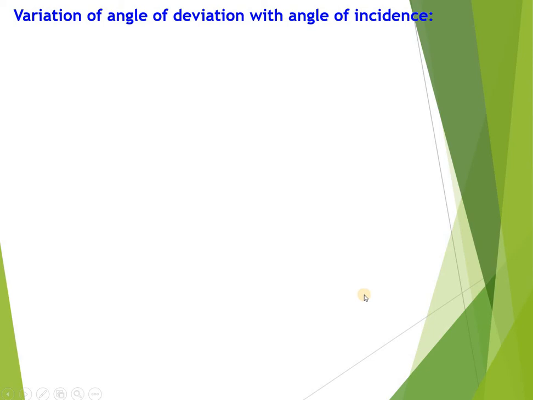Now we study the variation of angle of deviation with the angle of incidence. If we plot a relation between angle of incidence and angle of deviation, then we'll find an interesting result.